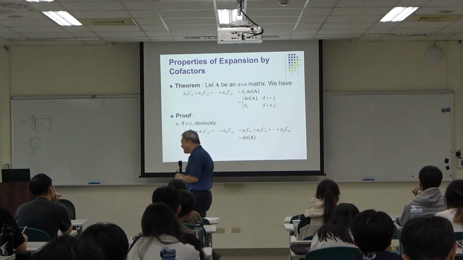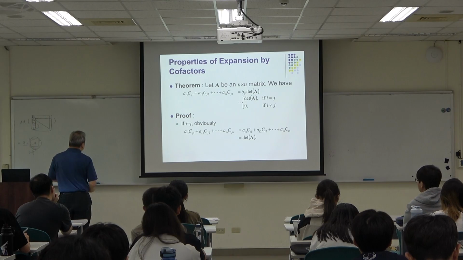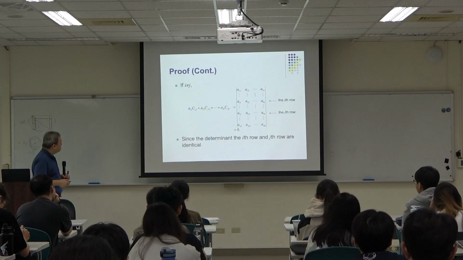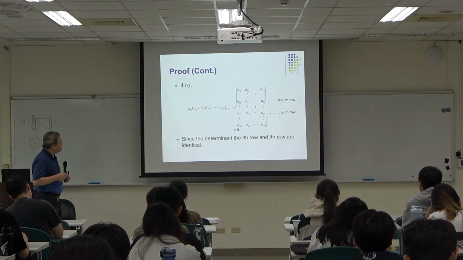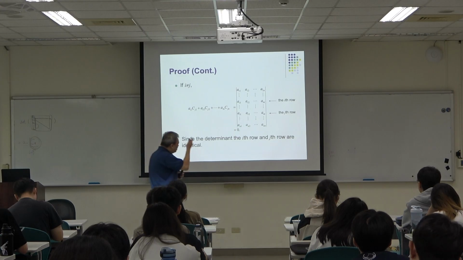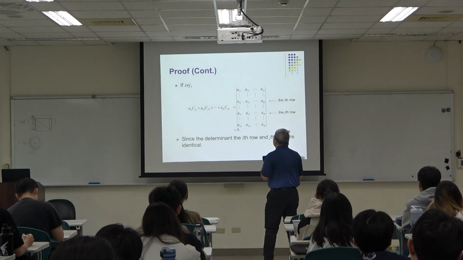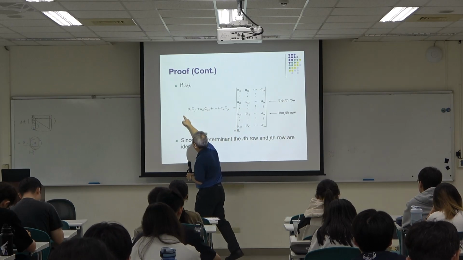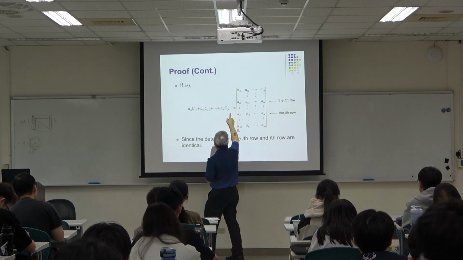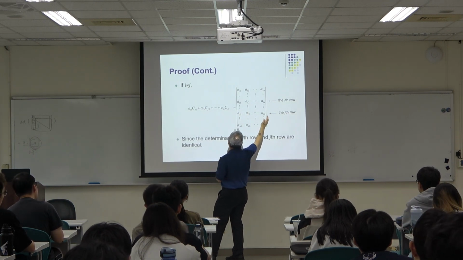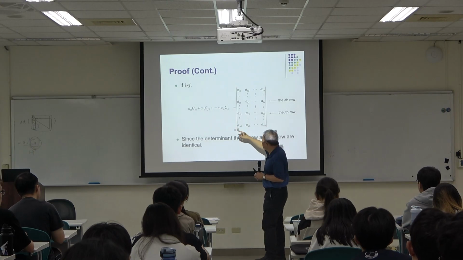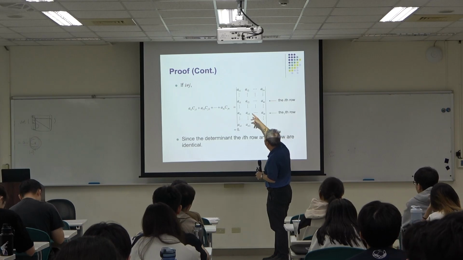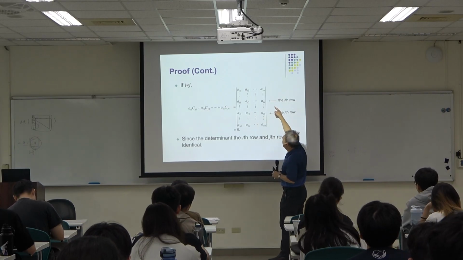But if I is not equal to J, it will be interesting. Because you can represent the left-hand side as the determinant of the right-hand side matrix, where the I row and the J row are identical.